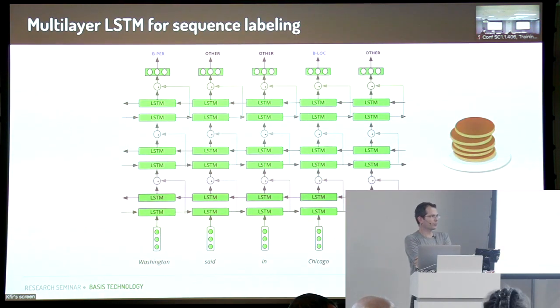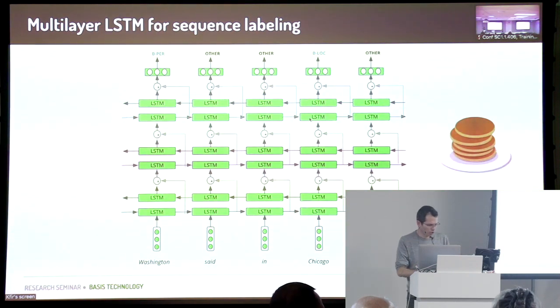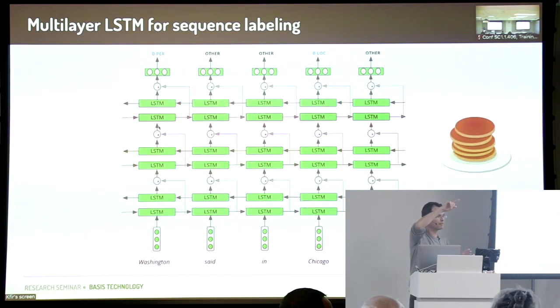So the question is about whether it's similar to residual nets for image recognition. There are works that do this: take this vector and add it to this vector, so do a residual step. But remember that the LSTM inside does something very similar to a residual net, so it has some residual kind of steps.